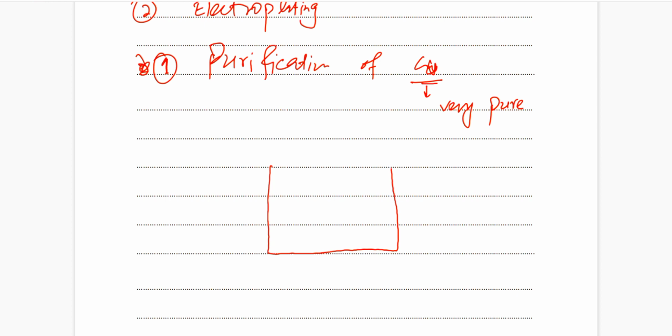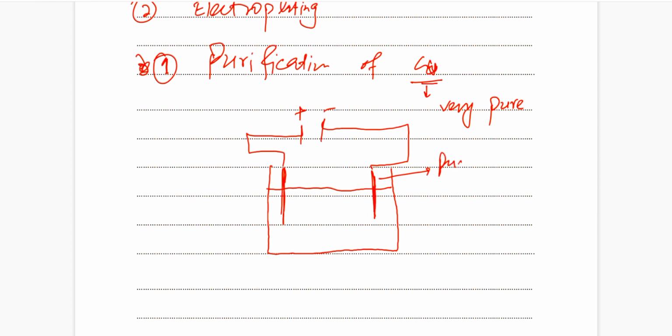So I'm just writing over here that we have this electrolytic tank. Here anode will be of copper, which is the impure. Cathode will be of the copper, which is the pure copper. Okay, this is the impure copper.